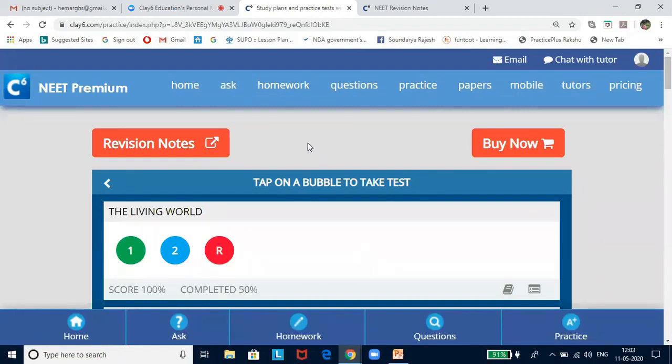Now, before that, you all must be wondering how the tests are going to be, how NEET is going to be, since it's been taken over by NTA from CBSE. Mind you, it is the same. The level of difficulty and the testing pattern all remain the same.